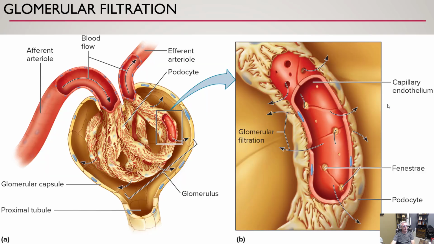So we'll look at the fenestrae here, and we can blow up this section. You can see these holes in the blood vessels that will allow substances to pass. We don't necessarily see these fenestrae in regular blood vessels. They're really only in the capillary beds, and that just allows for more filtrate to be formed.